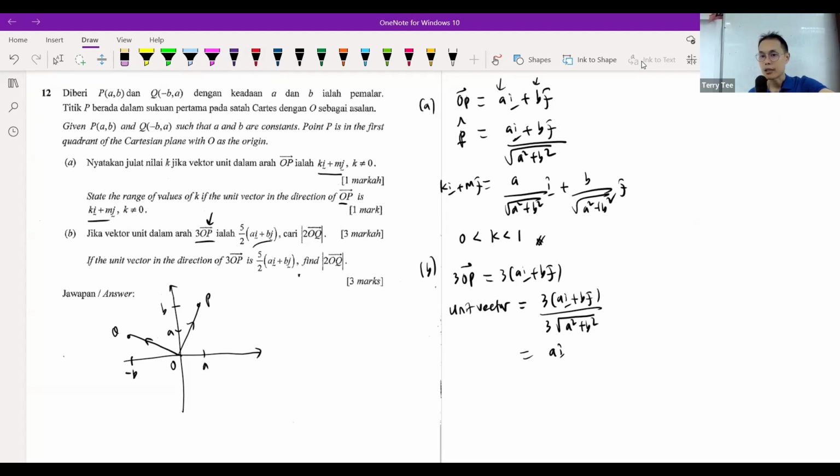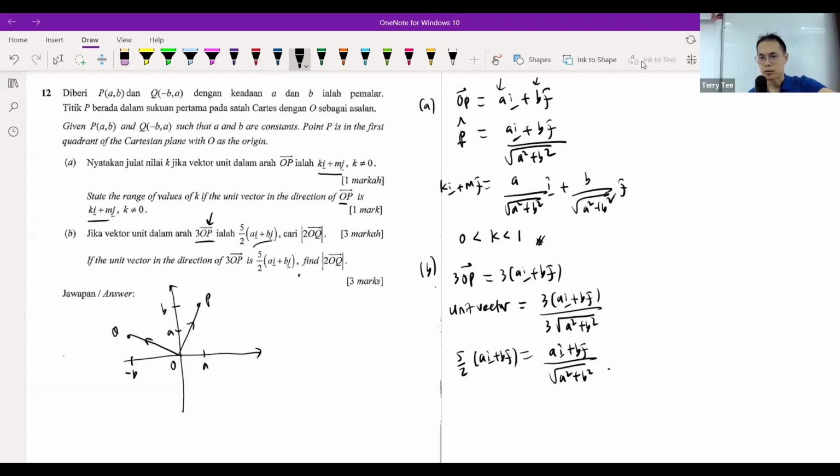Okay, now anyway, coming back to this: ai plus bj divided by square root of a squared plus b squared. So now we know this unit vector is 5 over 2 of (ai plus bj). So what can we do?